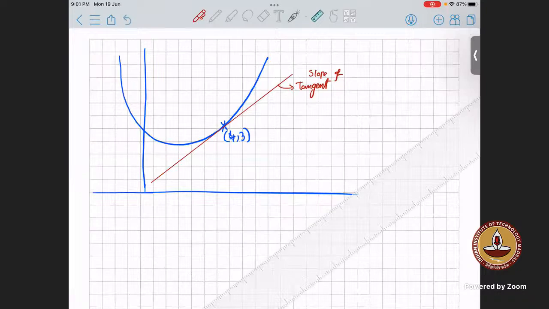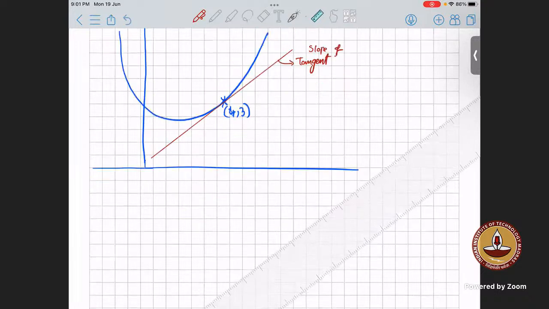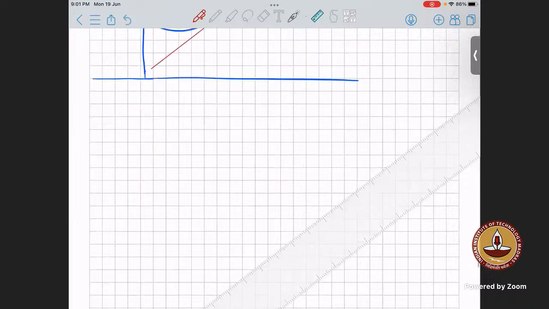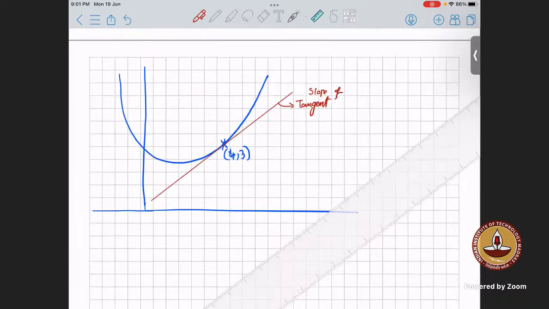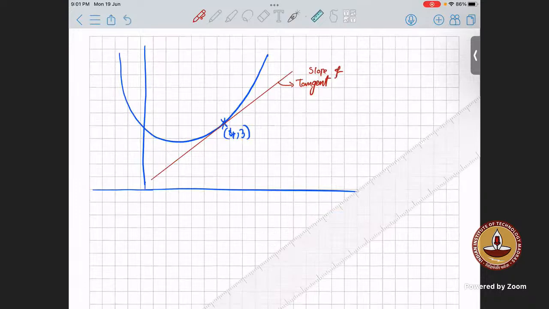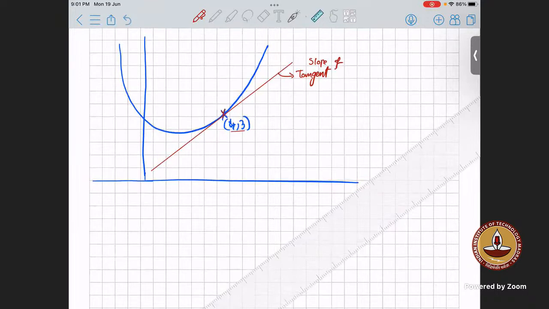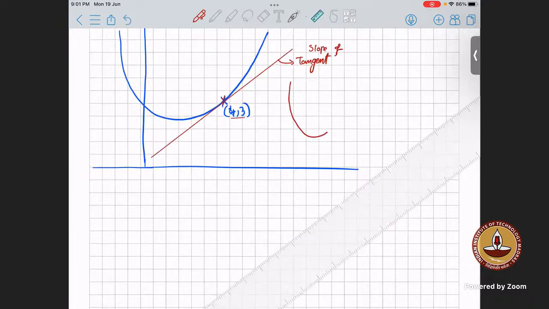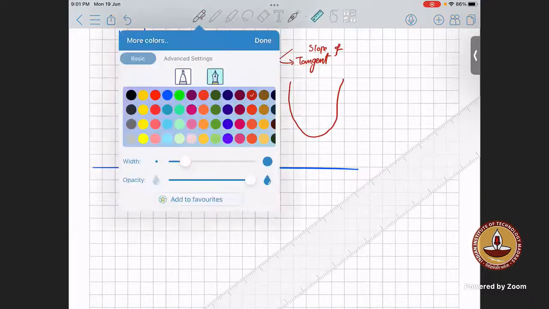If you want to find the slope at the point 4 comma 3 for the parabola, it is the slope of the tangent at this point. Tangent means it intersects only at this point. For suppose, let this be a curve. If you want to draw a tangent at this black point.